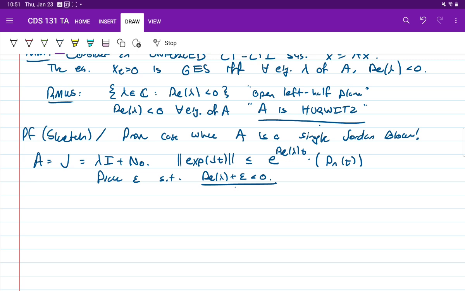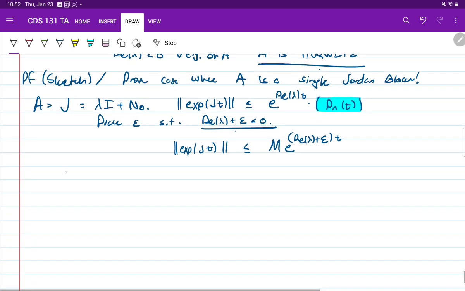Now using this, we conclude the existence of a constant M such that the following inequality is satisfied. So the norm of exp Jt will then be less than or equal to M e to the real part of lambda plus epsilon times t, where now we've used this exponential bound on Pn of t and just multiplied it in.